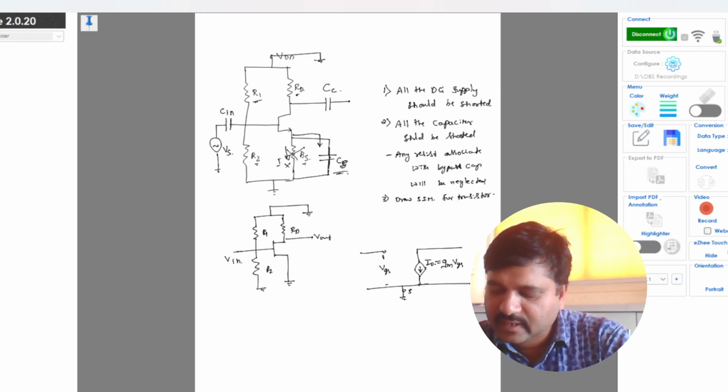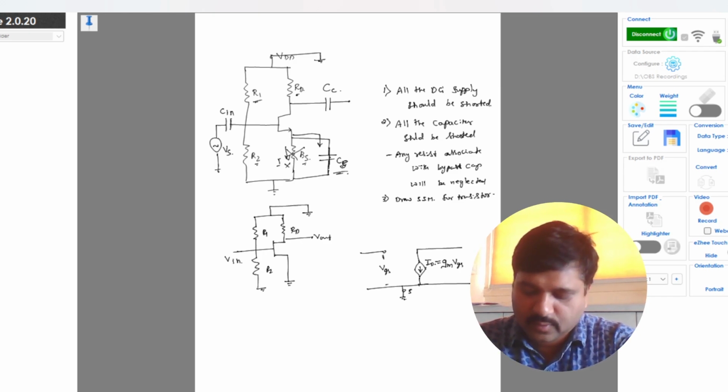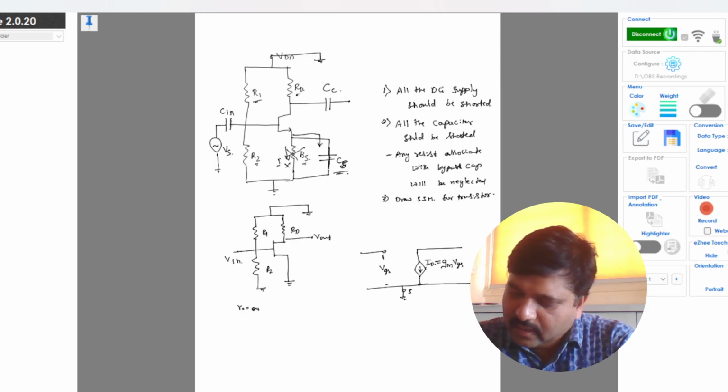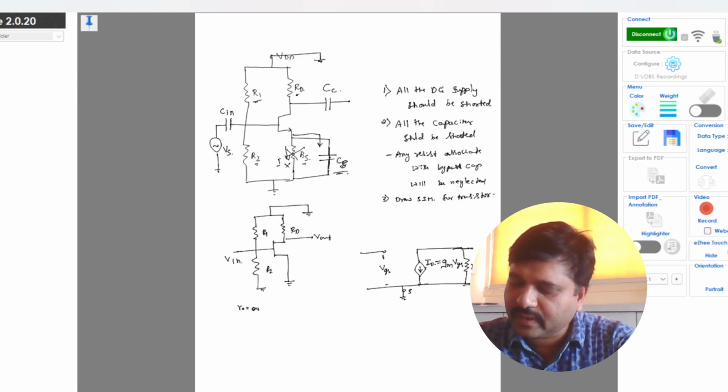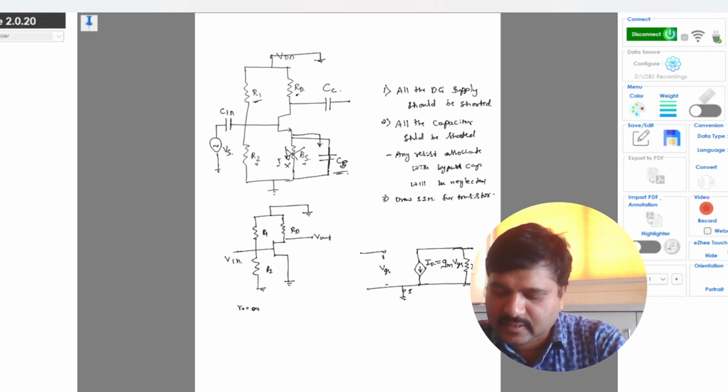In this case we are neglecting the channel length modulation. Neglecting the channel length modulation means R0 is neglected. If we are not neglecting the channel length modulation, then R0 will be considered and R0 will be present here across the dependent current source. Fine. So this is the small signal model for the transistor.